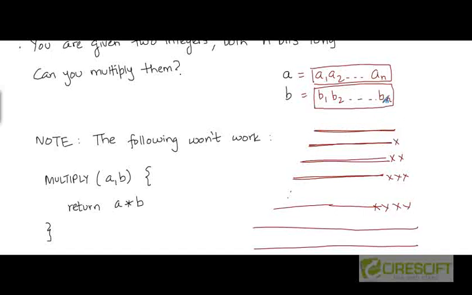Now either b sub n could be 0 or it could be 1. If it's 0, we just write down a string of n zeros. If it's 1, we just copy a and write it down along this line.